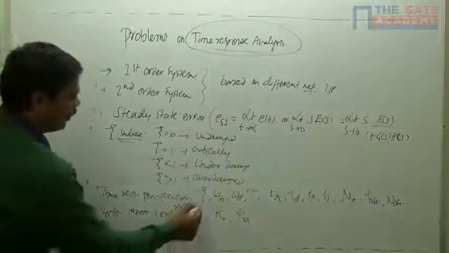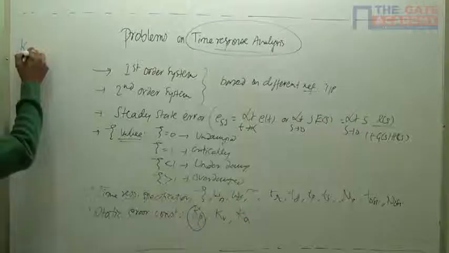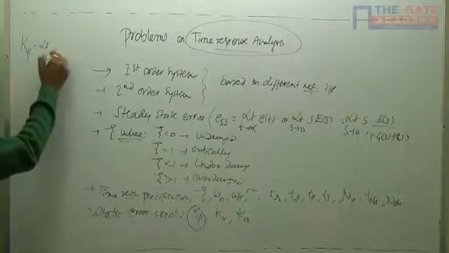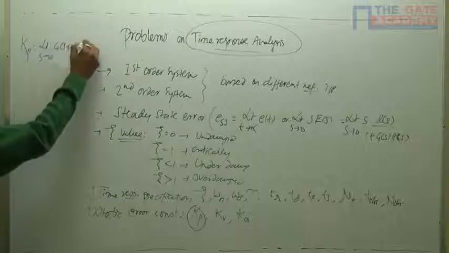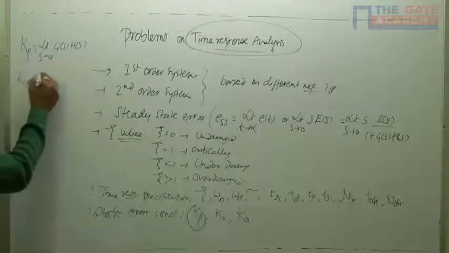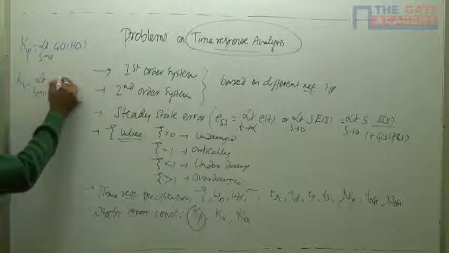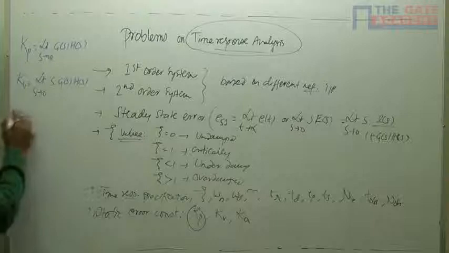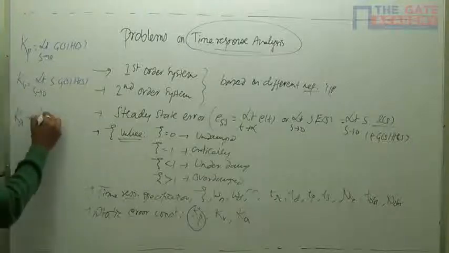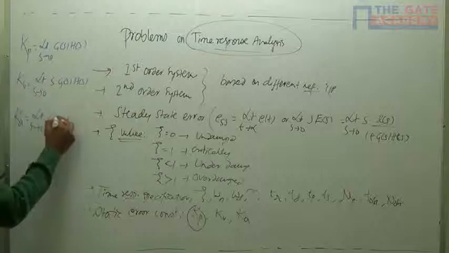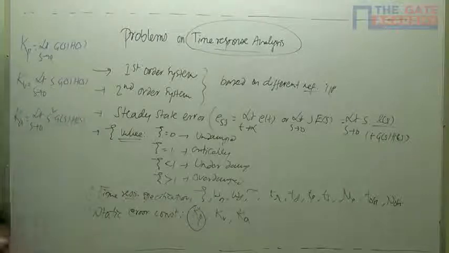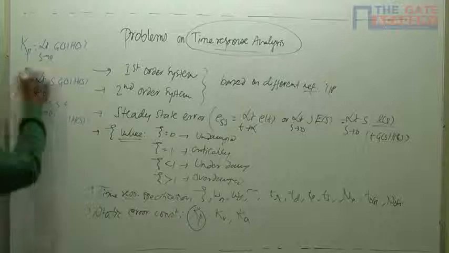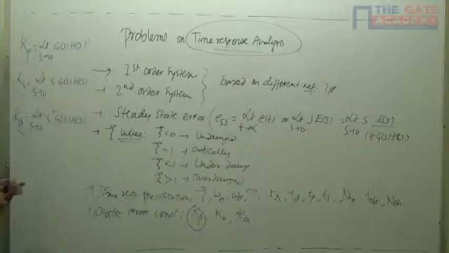What is the definition of Kp? We decided yesterday: Kp is limit s tends to 0 of G(s)H(s); Kv, the velocity error constant, is limit s tends to 0 of s into G(s)H(s); and Ka, the acceleration error constant, is limit s tends to 0 of s square into G(s)H(s). So for any given loop transfer function, we can find the Kp, Kv, and Ka values.